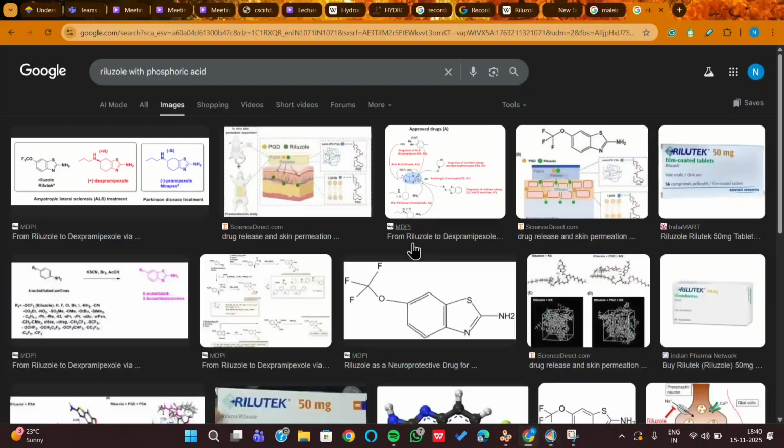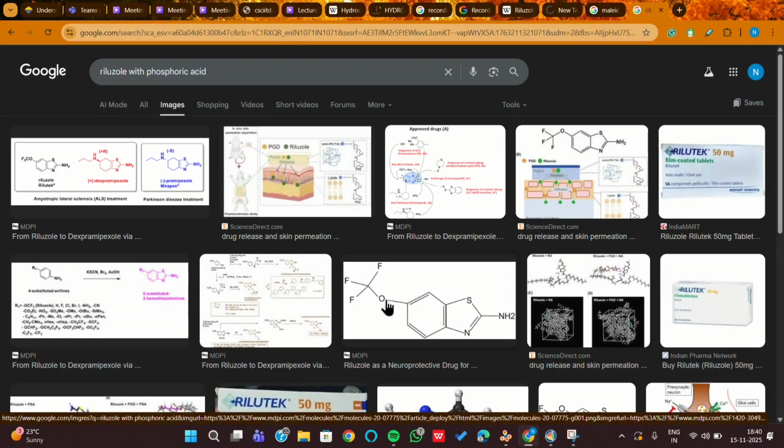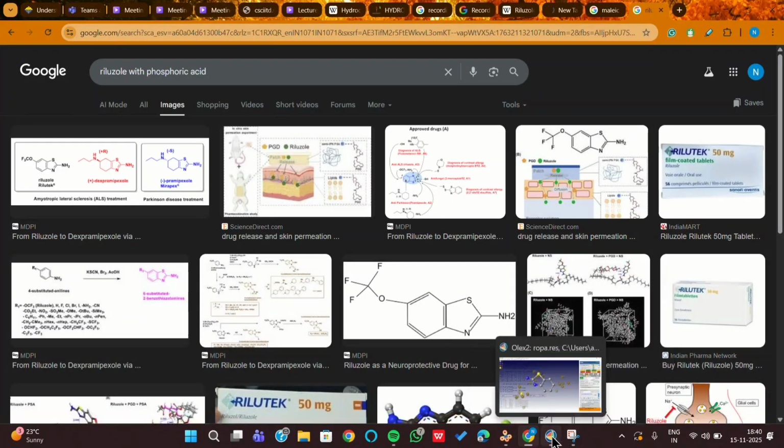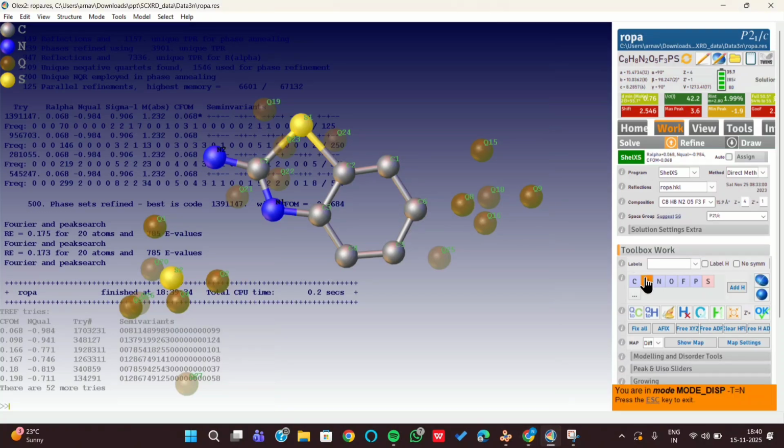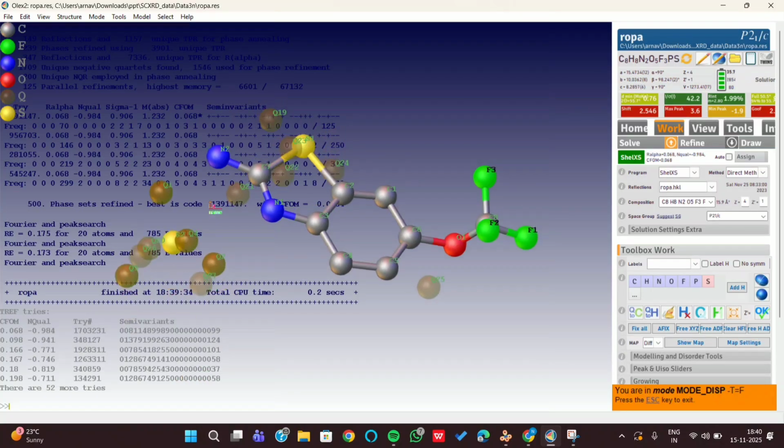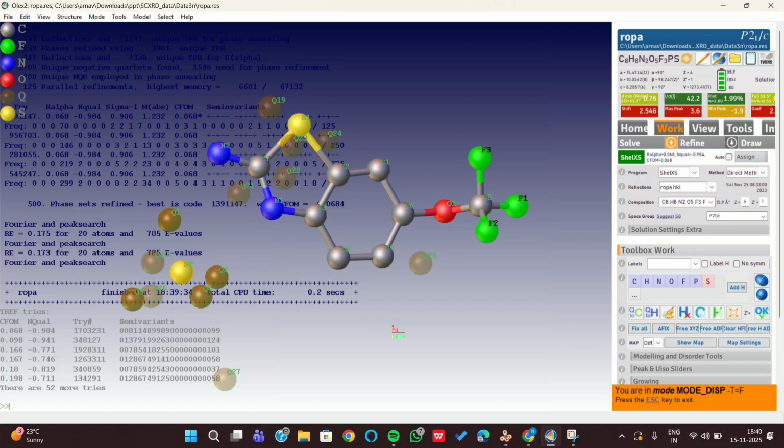Now in this structure you can see that the benzene ring is attached to an oxygen also, so it would be oxygen, and this oxygen is attached to the carbon, which is further attached to 3 fluorine atoms. And as this structure is also with phosphoric acid, we'll assign this atom as phosphorus.